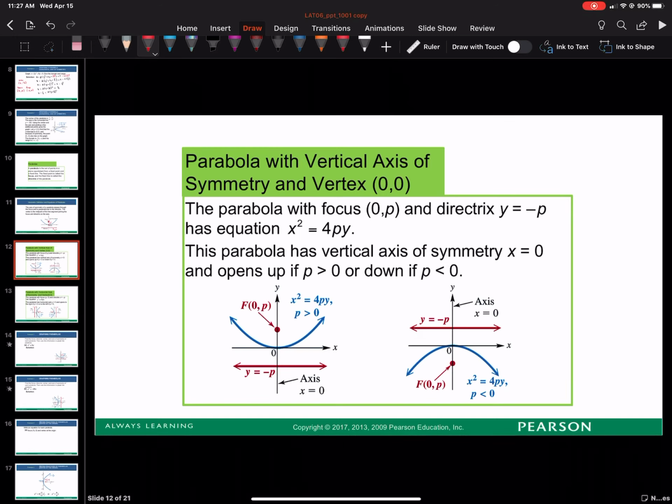So this is your regular parabola that goes up and down. If p is greater than 0, it opens up, and if p is less than 0, it opens downward, as you can see in the two illustrations.